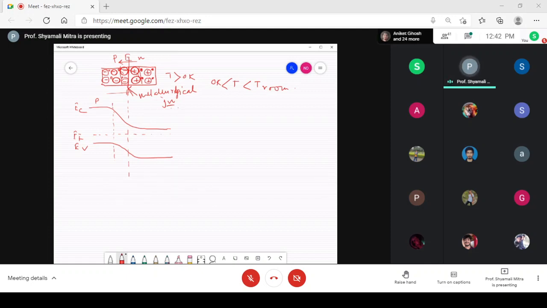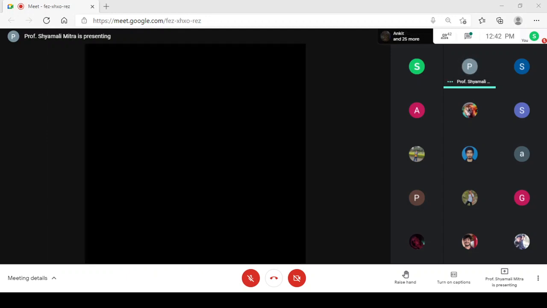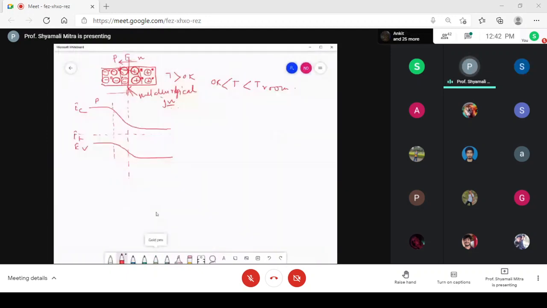So this is known as the depletion region, or depletion layer, because it is depleted of any mobile charge carriers. Another name is space charge region, because it has a lot of space charge, or uncovered ions, sitting in this depletion region.